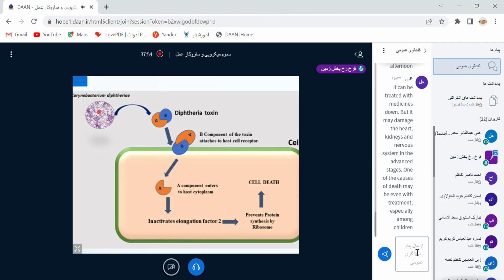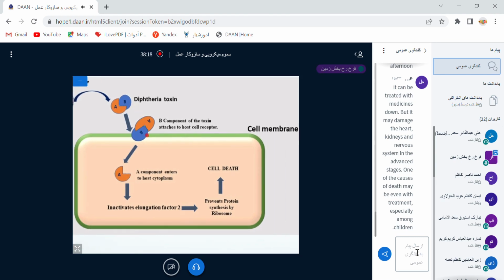If Corynebacterium diphtheria, which contains the lysogenic beta phage, goes inside our body, this bacterium produces a toxin. This toxin has two subunits, A subunit and B subunit. We call it diphtheria toxin. By the B site it can attach to the receptor on the cytoplasmic membrane of human cells.